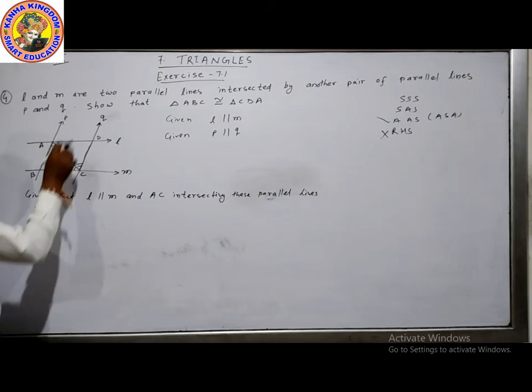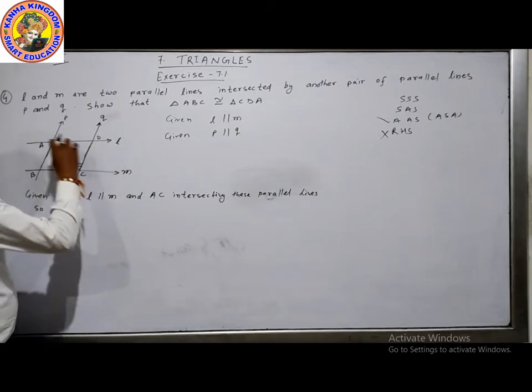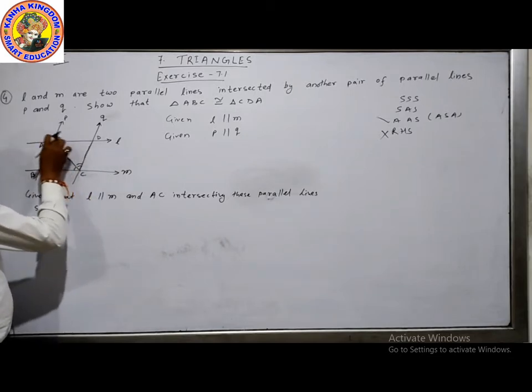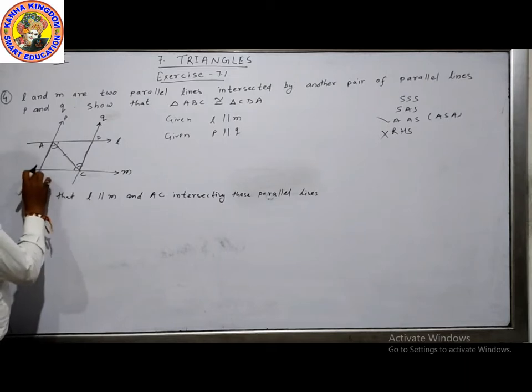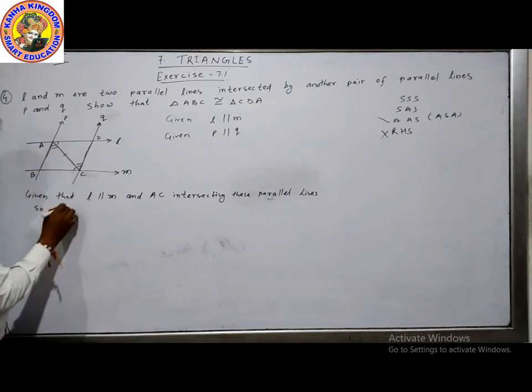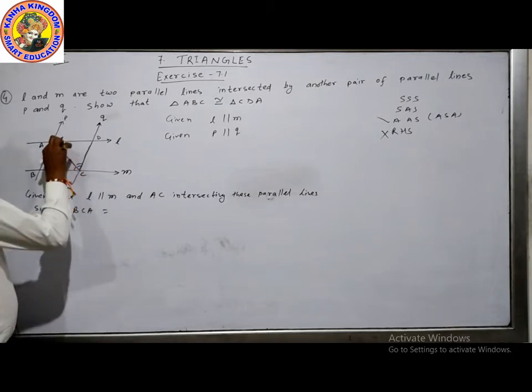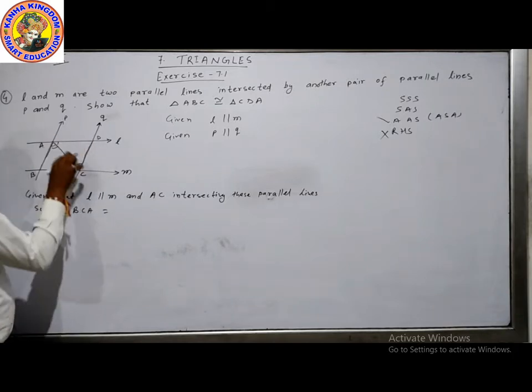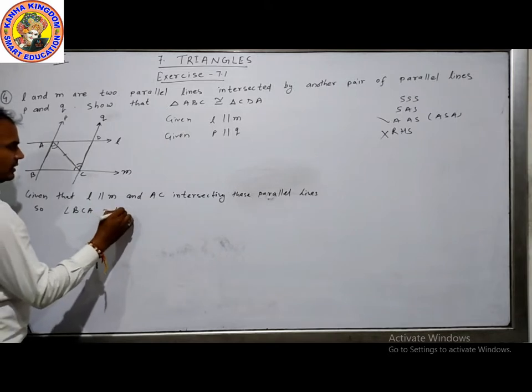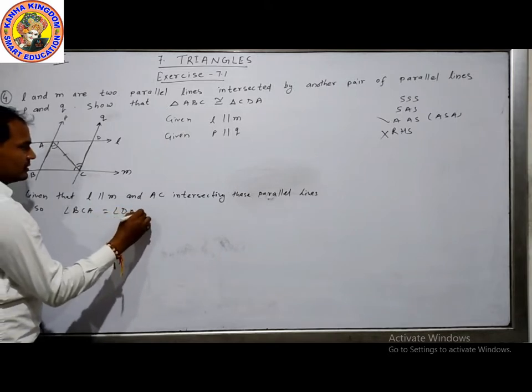So L and M, AC intersect, then angle BCA is equal to angle DAC.